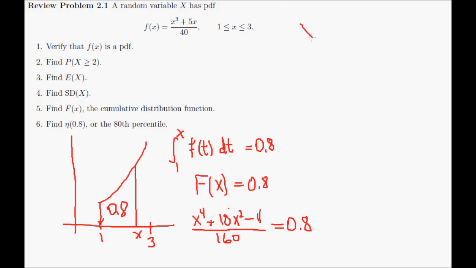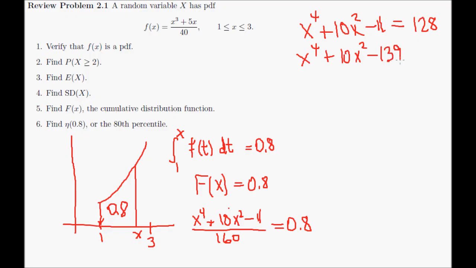So let's multiply, clear out the denominator. We have x to the fourth plus 10x squared minus 11 is equal to 160 times 0.8, which is 128. So x to the fourth plus 10x squared minus 139 is equal to 0.